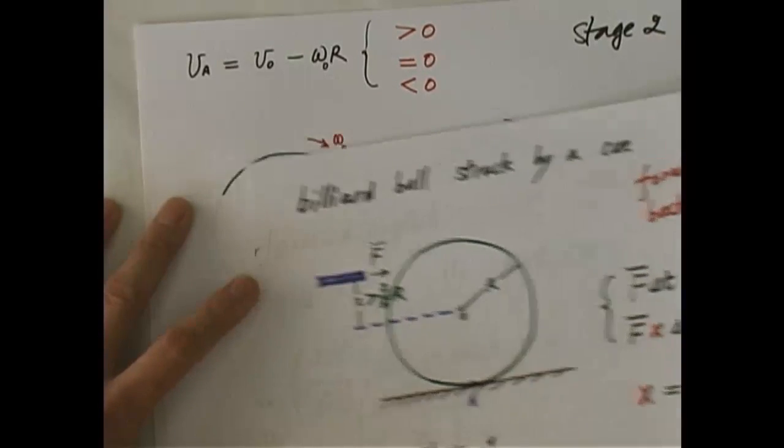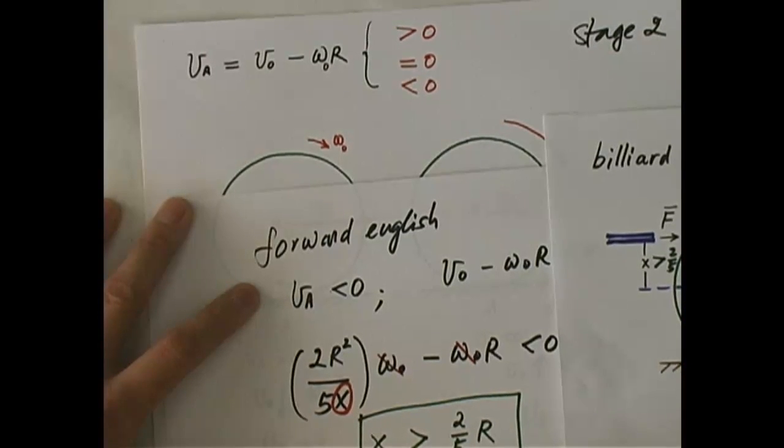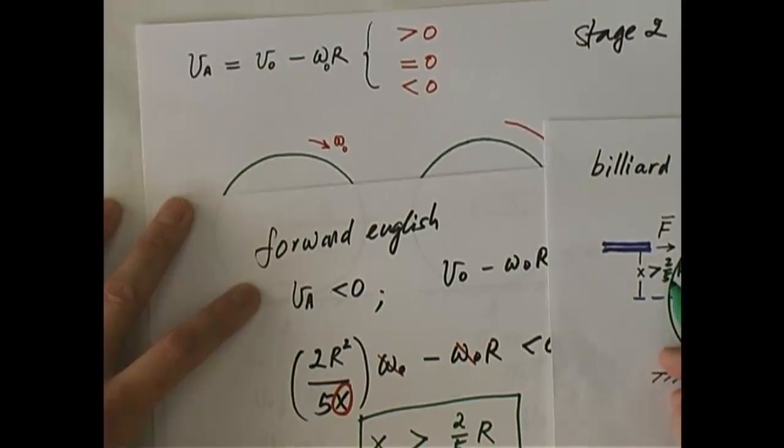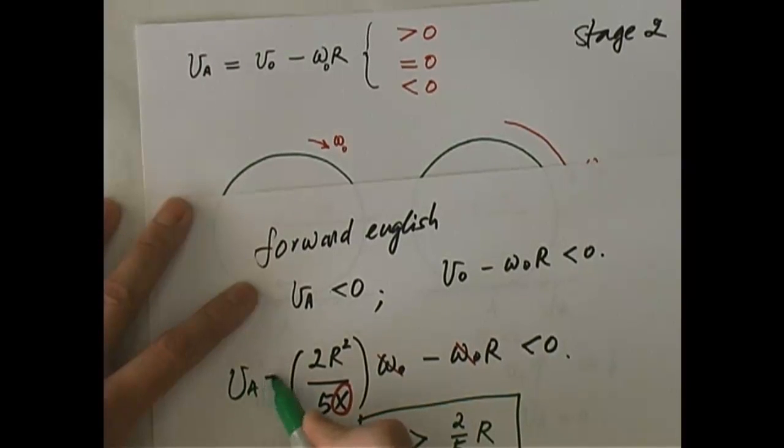And what if you strike at precisely 2 over 5r? What happens if x equals 2 over 5r? Well, if x equals 2 over 5r, then this formula, that's VA, right? Would be equal to 0, right? Because this term equals that term. And VA is equal to 0. What does that tell you?